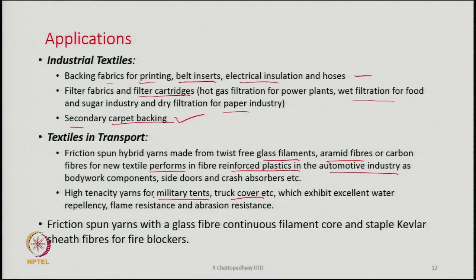Friction spun yarns with a glass fiber continuous filament core and staple Kevlar sheath fibers can be used for fire blockers. So, a combination of Kevlar and, which other one, Kevlar and glass.